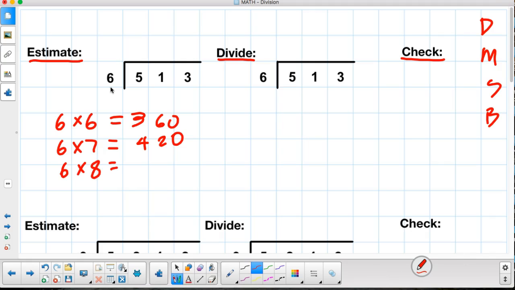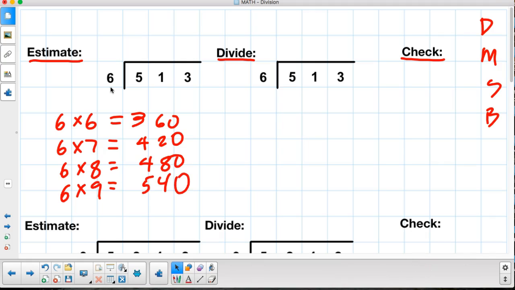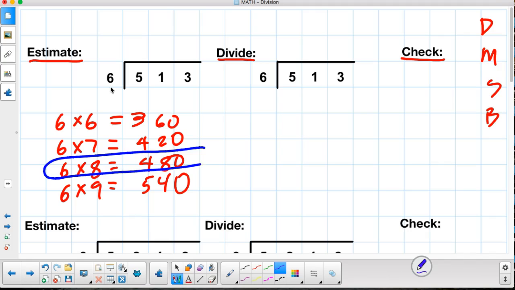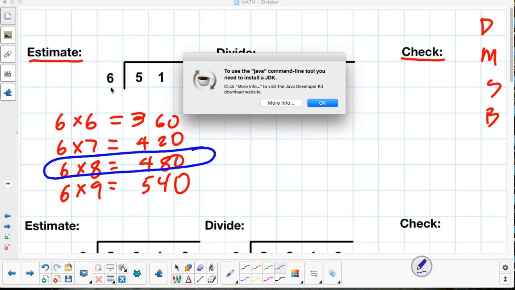What is that? 6 times 9 is 54. So we know right now that the closest estimate is 48. This would have been too large. This would have been too big.